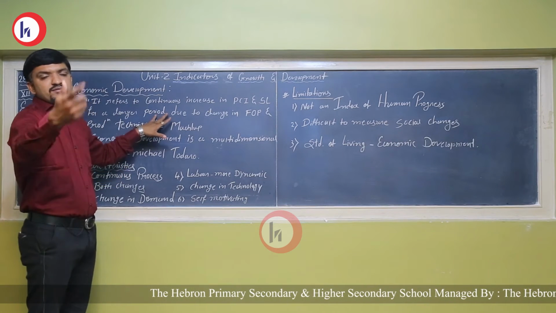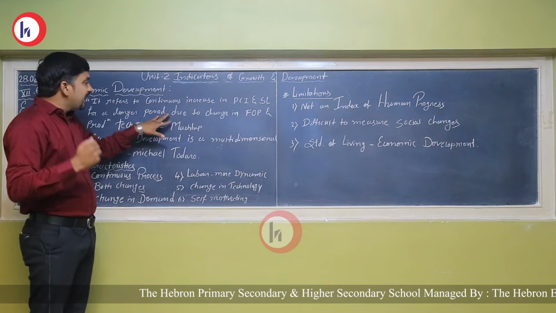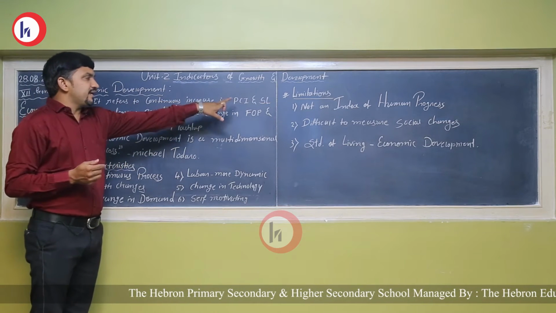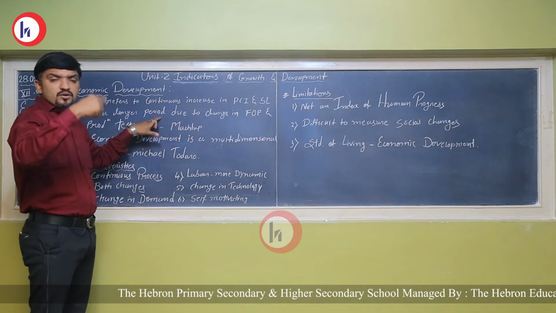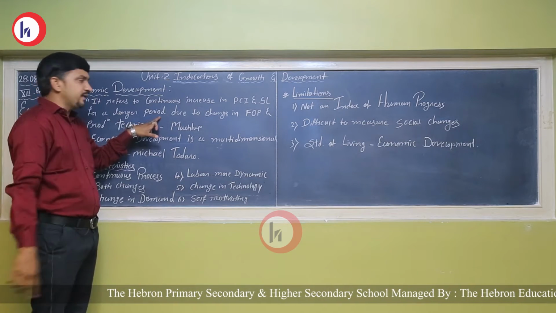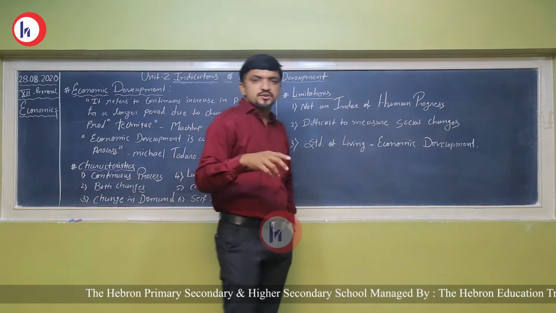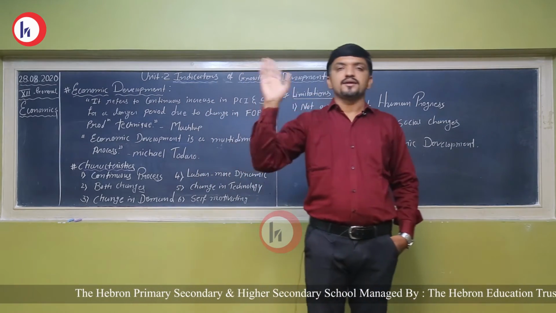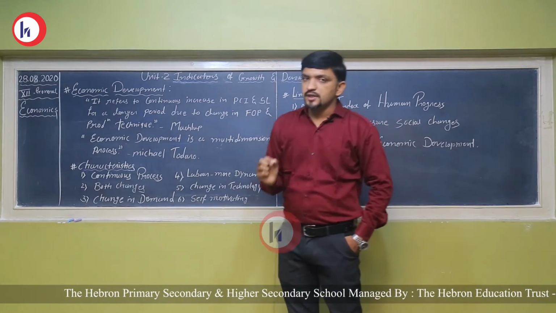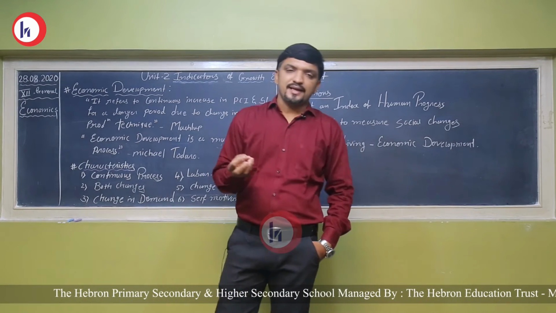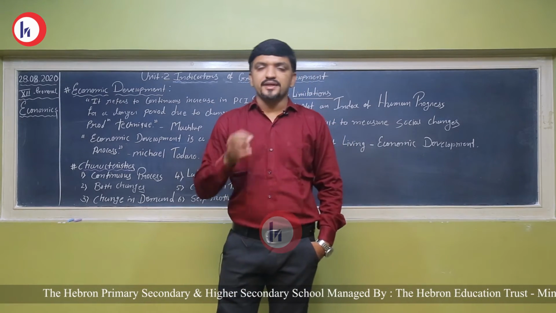Now, what is the reason after that? How PCI and standard of living increases for a longer period? So, the reason behind that is due to change in the factors of production and production technique. Due to change in the factors of production, that is land, labor, capital, entrepreneur.